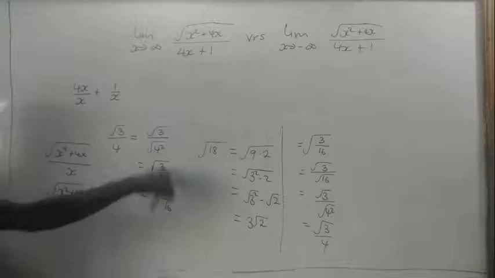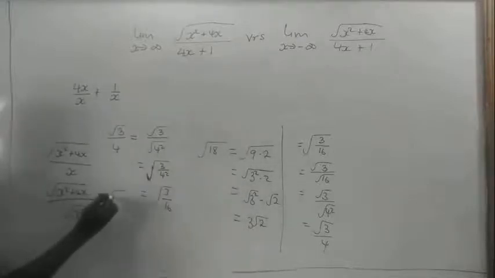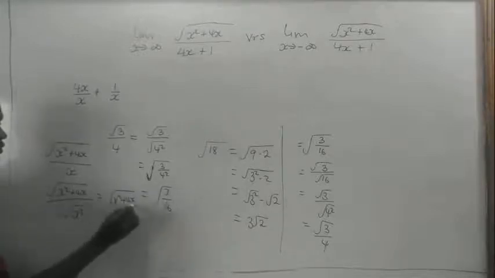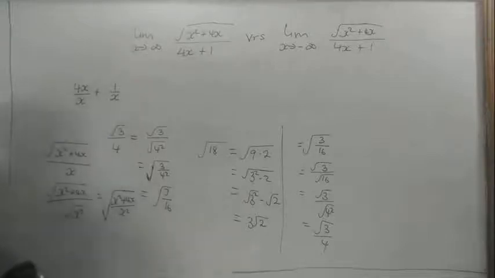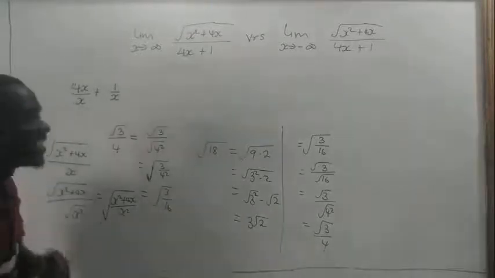Wow, that's the idea that I've explained. So now we can write this as the square root of x squared plus 4x all divided by x squared. So simple, very, very simple as that. So let's go to it and simplify it.